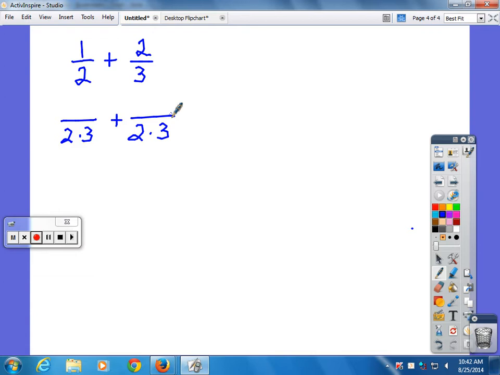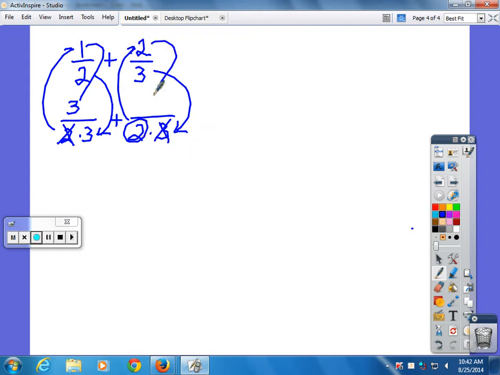So 2 goes into 2 times 3 how many times? 3 times 1 is 3. 3 goes into 2 times 3 how many times? 2 times 2 is 4.